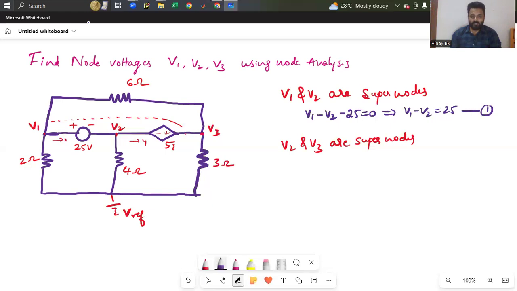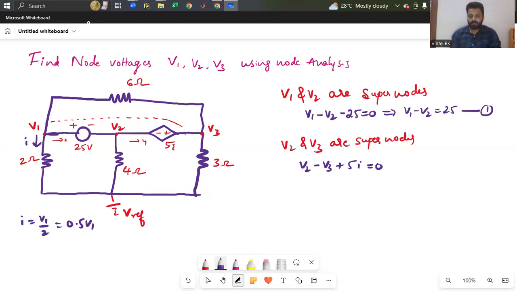Similarly, you can write it here, V2 and V3 are supernodes. You can write V2 minus V3 plus pi into I equals 0. But you can see here I is given in the problem. This is the direction of I, whereas this I is given by V1 divided by 2, that is nothing but 0.5 times V1. So I'll just substitute here.